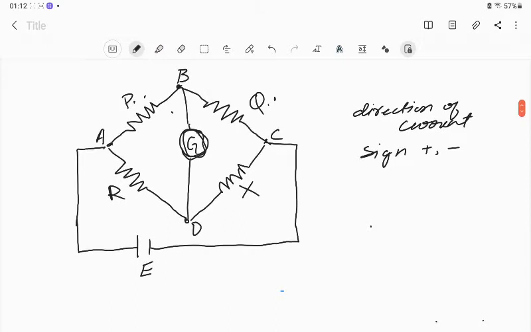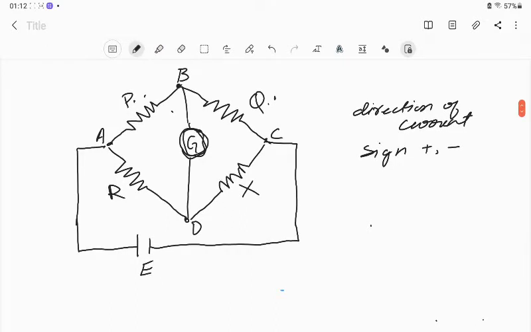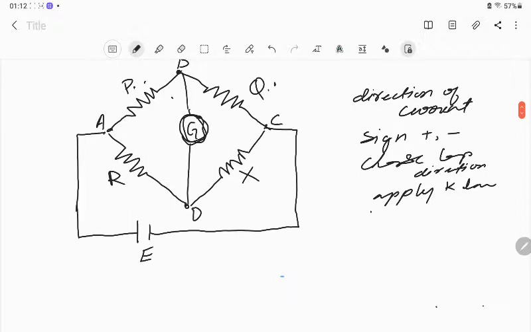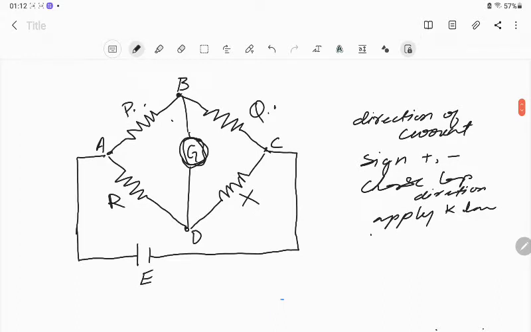After that choose a loop, choose the loop direction, and then apply Kirchhoff's law. Now here the current direction is not given, so make the direction of current.